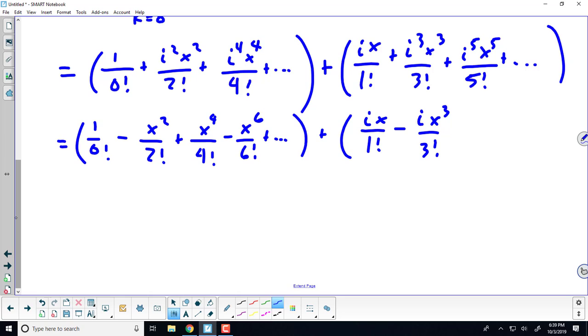Why? Because i cubed is minus i. And then i to the 5th was back to i, so that's plus i x to the 5th over 5 factorial. I was going to do one more. Minus i x to the 7th over 7 factorial plus dot dot dot.